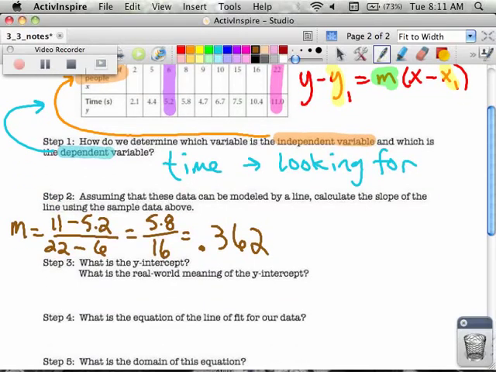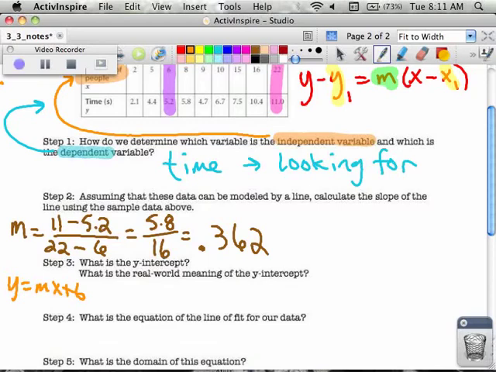The next question asks us about the y-intercept. So in order to find the y-intercept, I can use any method possible. When I hear the phrase y-intercept, I think of the slope-intercept form of a line. In case you don't recall, that was when we had y equals mx plus b, and the b is the y-intercept.